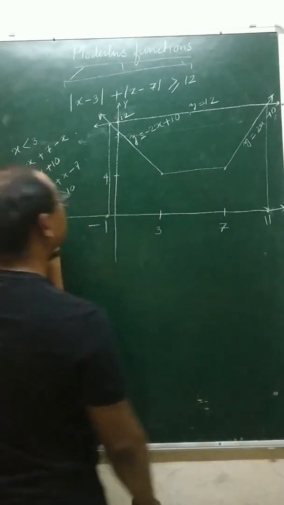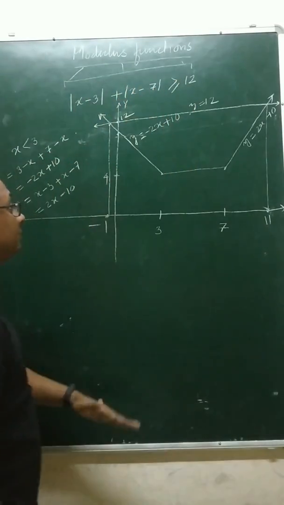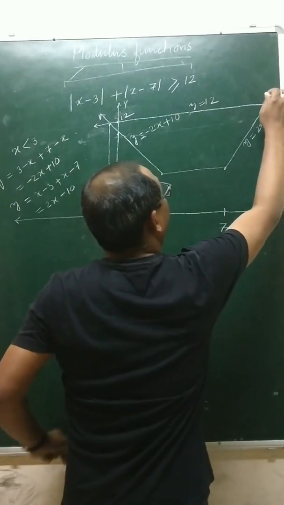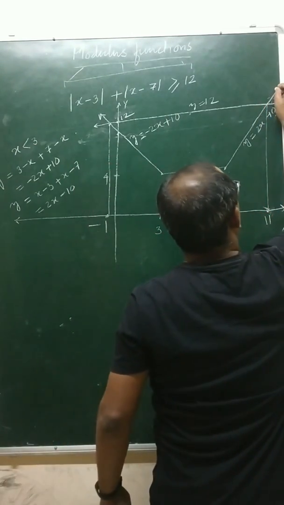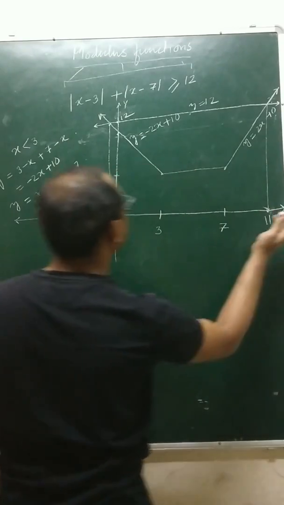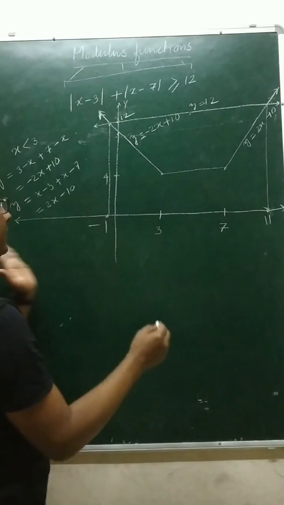Now what are we looking for? This expression greater than or equal to 12. So all I care about is this part of the graph, beyond 11 and beyond minus 1, this way.